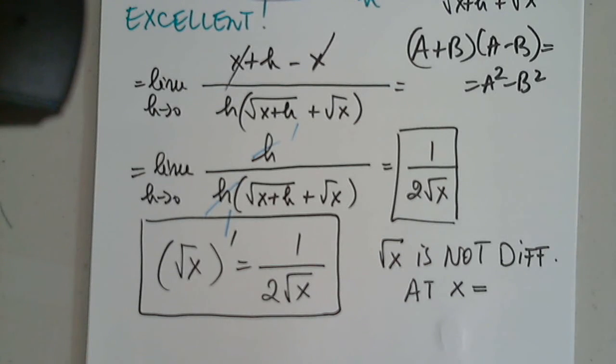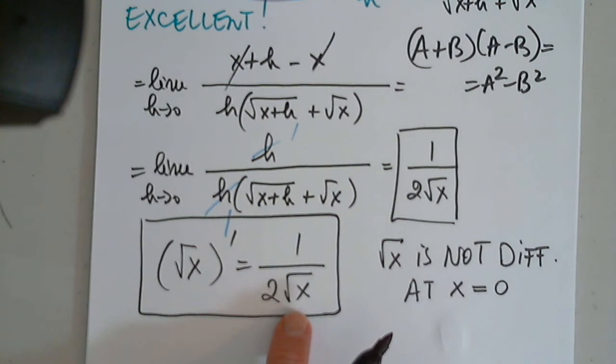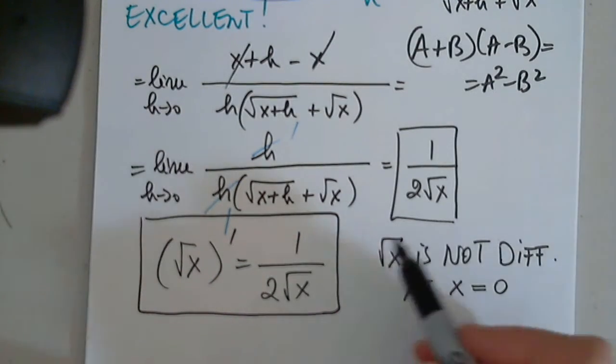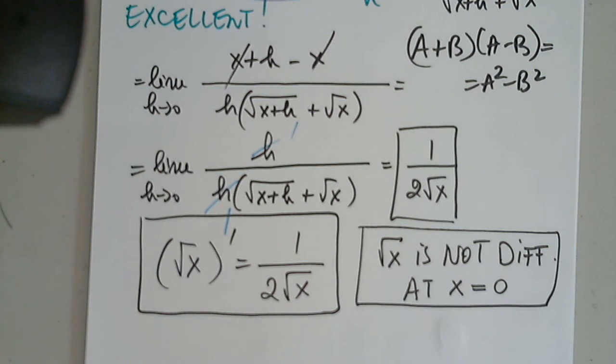At 0? Exactly. Why? Because there can't be a 0 in the denominator. That's it. So the derivative does not exist at 0, therefore the function itself is not differentiable at 0. Very good. So this is our first derivative function.